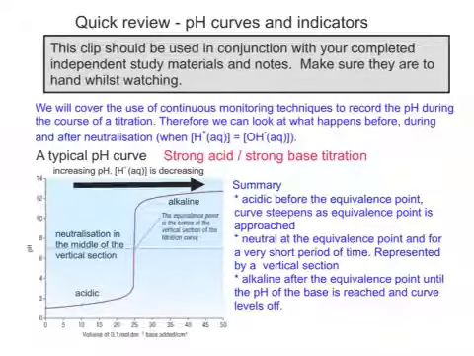It's neutral at the equivalence point, and for a very short period of time, the vertical section represents the point here, and the actual neutralisation happens in the middle of the vertical section. After the vertical section, the solution is alkaline until the pH of the base is reached and the curve will level off.